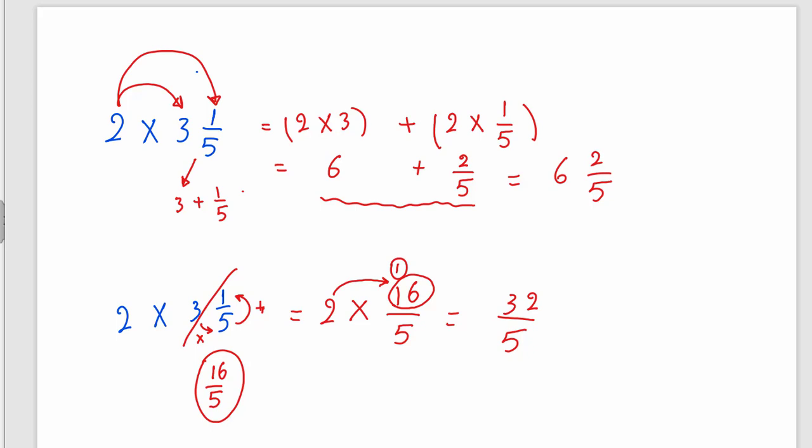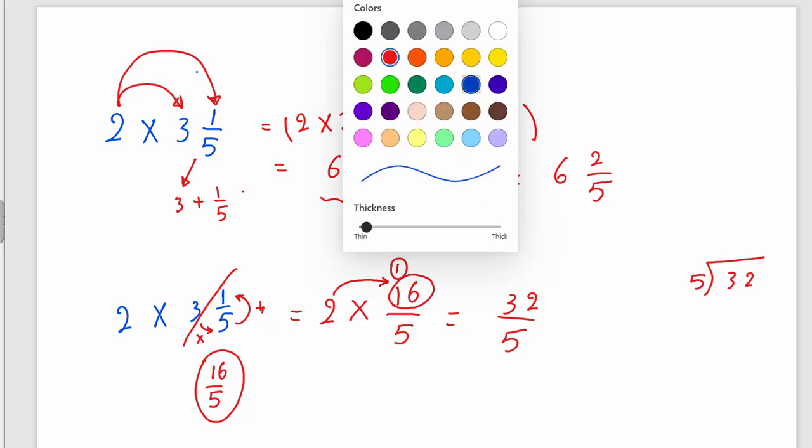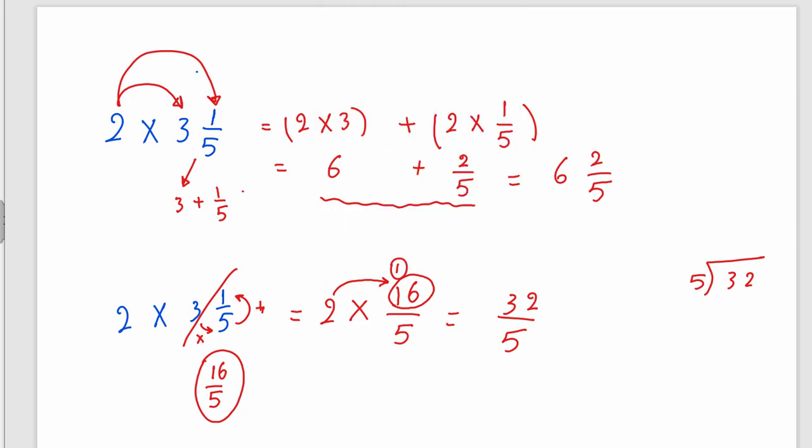And the last step is writing it as a mixed number. So we divide 32 by 5. 32 divided by 5 equals 6, since 6 times 5 equals 30. So the remainder is 2. Now the whole number is the quotient and the remainder is the numerator.